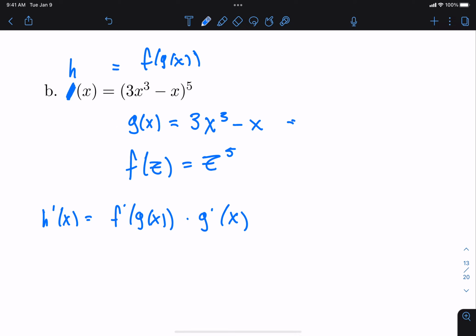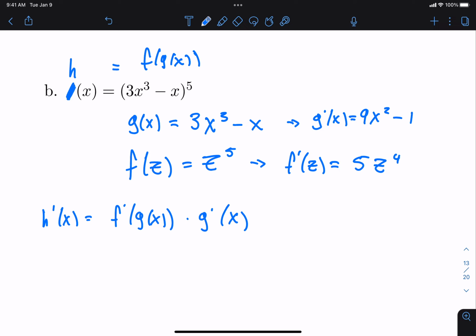So for g prime, I use the power rule: 9x squared minus 1. x becomes 1 because a linear function of just x has slope 1. Then f prime of z, power rule again, 5z to the fourth power.